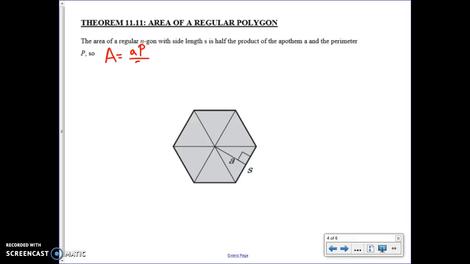And instead of half, I like to write it as divide by 2, but you could write half AP. Perimeter is going to be the side length, that's an S, not a 5, the length of the side, times the number of sides that you have.